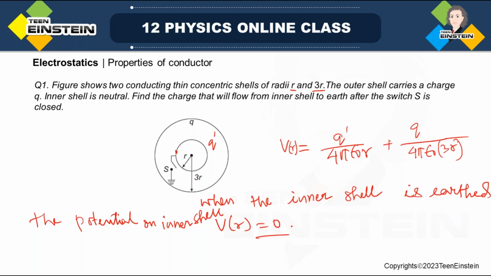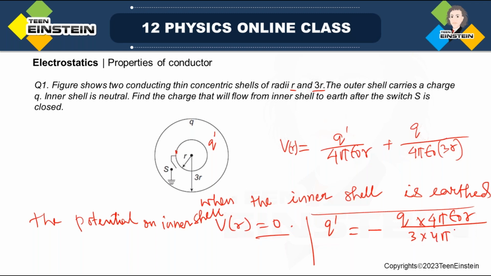So now if we put 0 here, we'll do the calculation. Then Q prime will be minus Q into 4 pi epsilon naught r divided by 3 into 4 pi epsilon naught r, so this is getting cancelled.